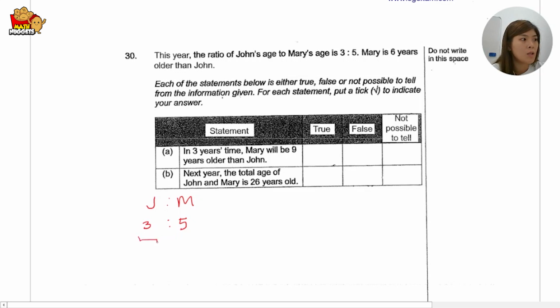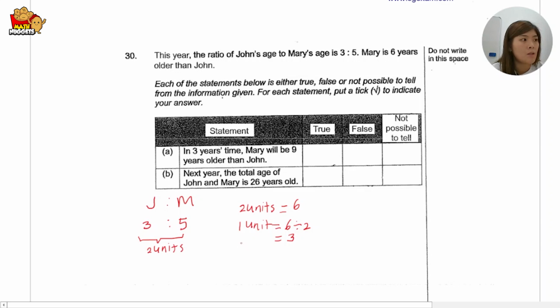So the difference between these two is 2 units. Since Mary is 6 years older than John, we take 2 units equals to 6, the difference of both of their ages. So 1 unit would be 6 divided by 2, and this gives us 3 years. So 1 unit is 3.